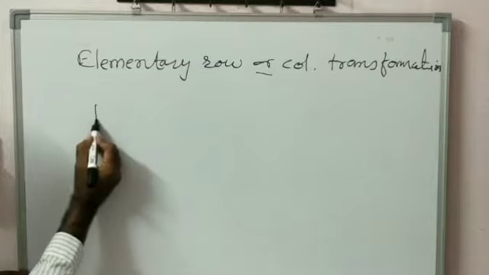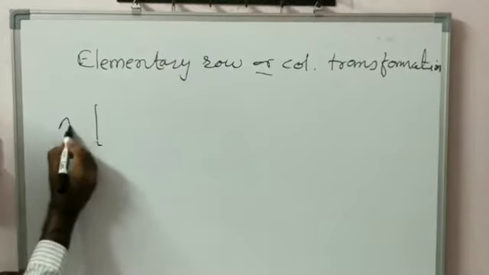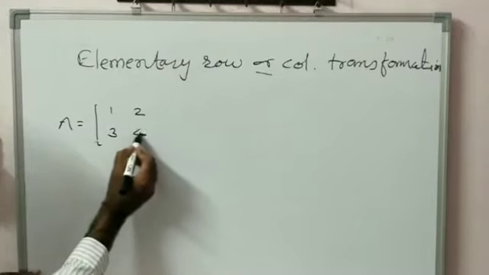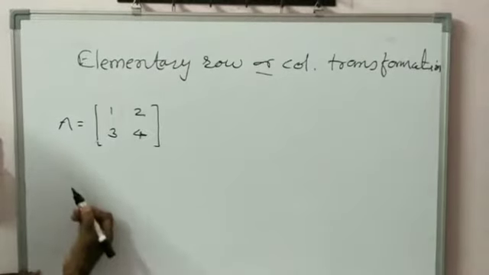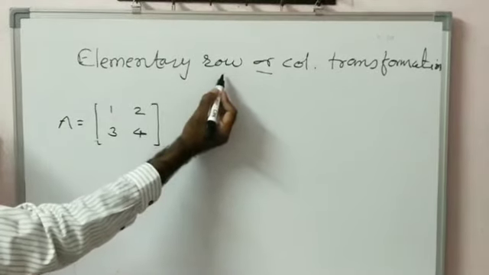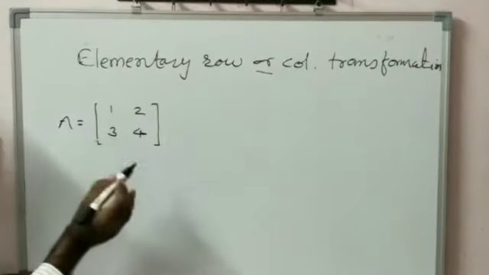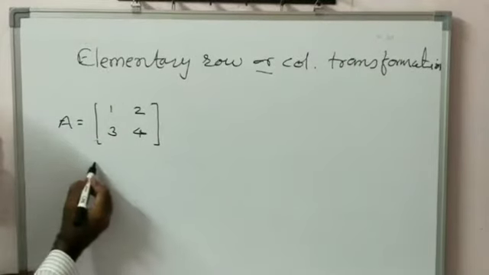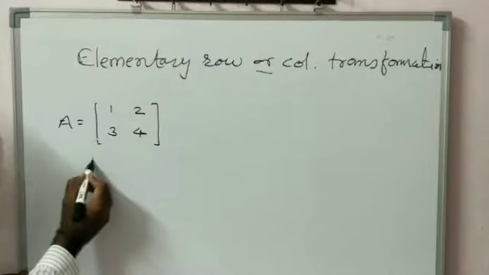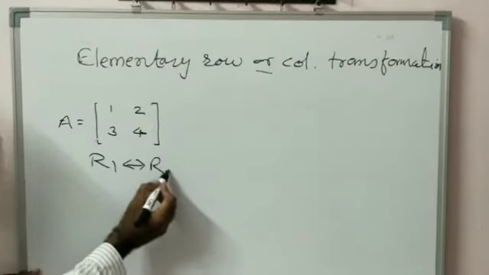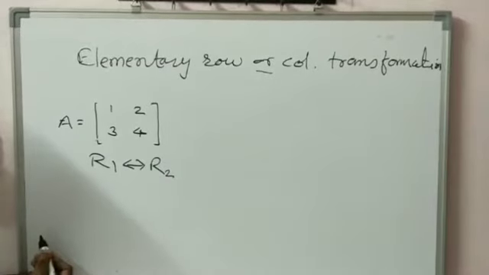Consider a matrix A: 1, 2, 3, 4. We consider row transformation. Then what is the row transformation? It means some operations on rows. If we consider the first transformation, R1 interchanges R2.